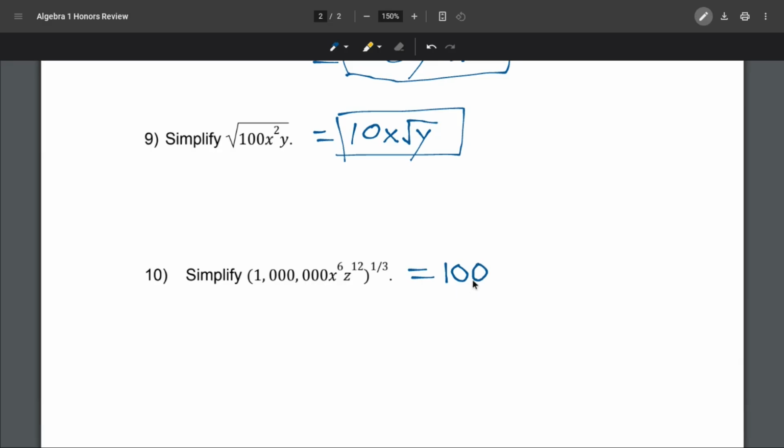Also, if you multiply 3 100s together, you're going to get 1 million. And for x, 6 times 1/3 is 2. So we have 100x squared. And then 12 times 1/3 is 4. So z to the 4th. So my solution is 100x squared z to the 4th.